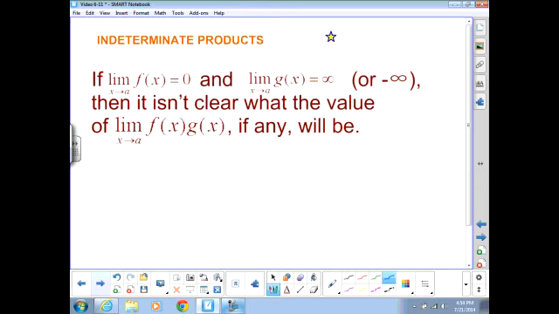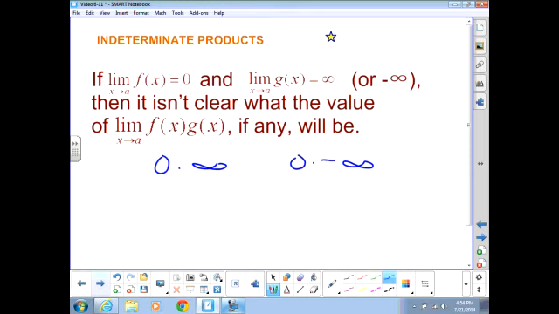So there's other cases where we could be unsure what is happening with our limit. Next one is indeterminate products. Let's say you had either a 0 times an infinity, or it could also be a 0 times negative infinity. It doesn't matter the sign. This is indeterminate as well. The reason is we don't know which thing is happening faster, which is controlling the value.